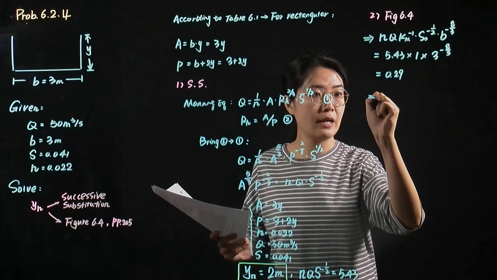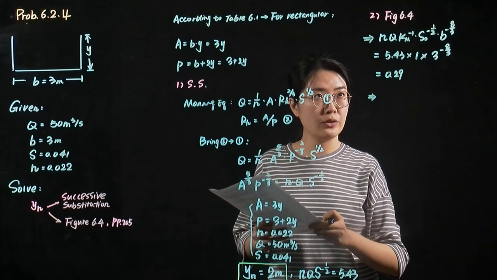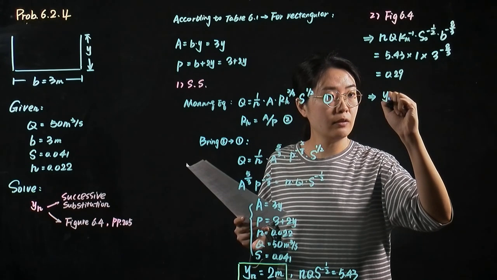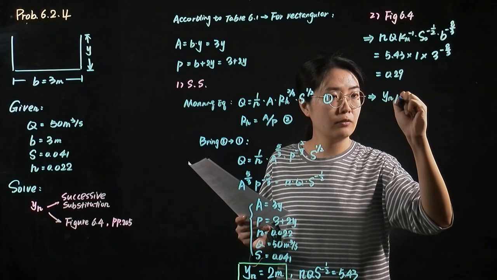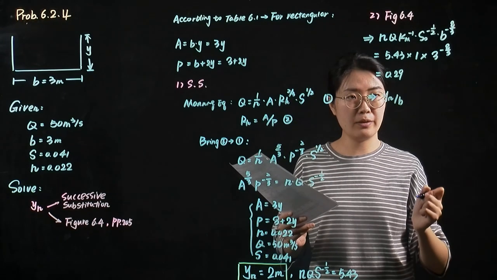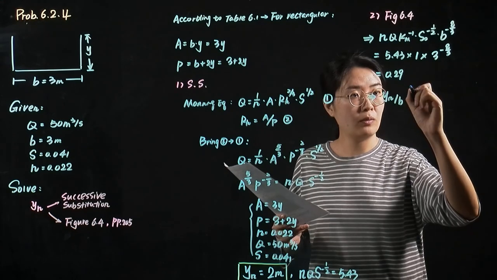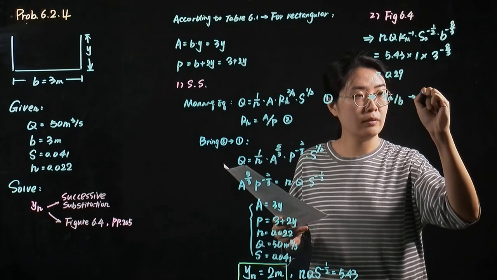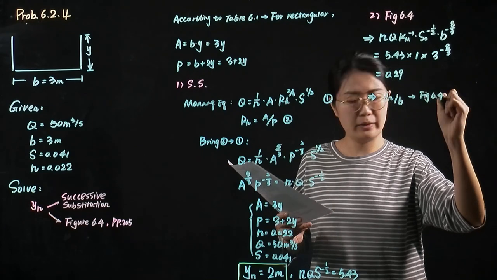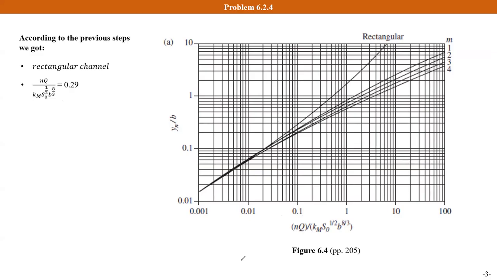The next step is to read the value of the normal depth over b, the bottom length, according to figure 6.4. Based on the previous steps, we calculated the value of this term, which is the value of the x-axis.